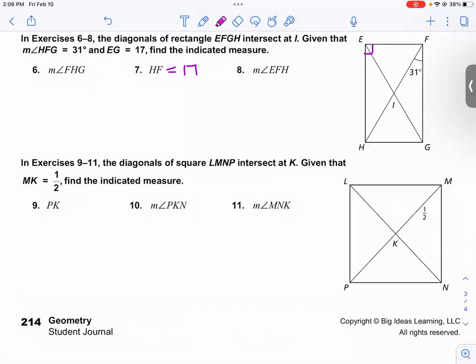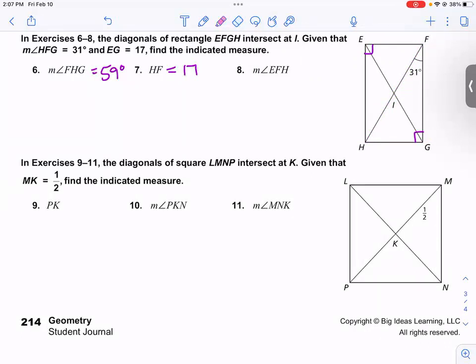Number 6 is asking for FHG. Well, I know that this is 90 degrees, so this guy is what, 59? So it says EG is 17.